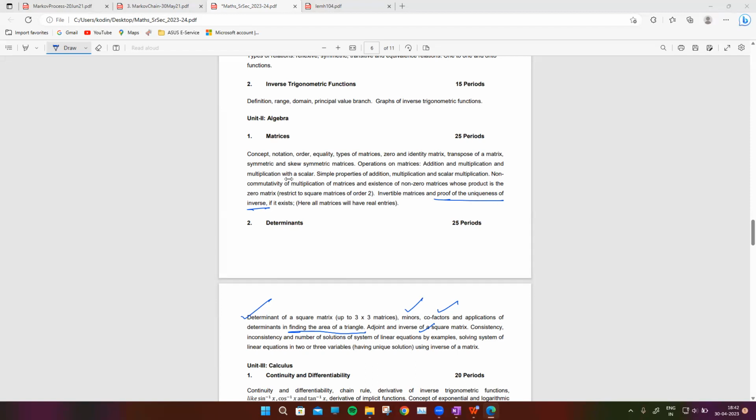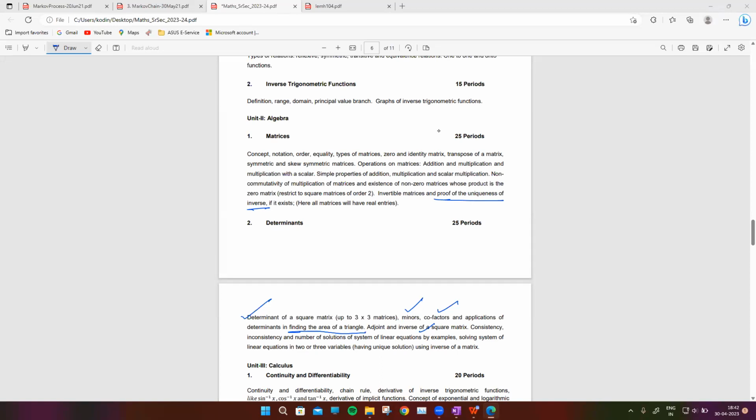Properties of determinant is there also. Properties of determinant is certainly there. But earlier, after properties of determinant, we didn't have much syllabus. We just had to understand minors and cofactors and then adjoint and inverse. We did not have consistency, inconsistency, and number of solutions of a system of linear equations.